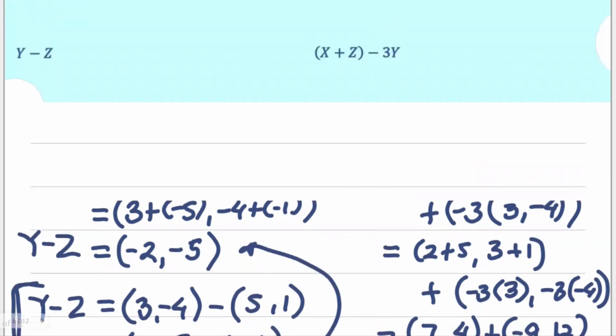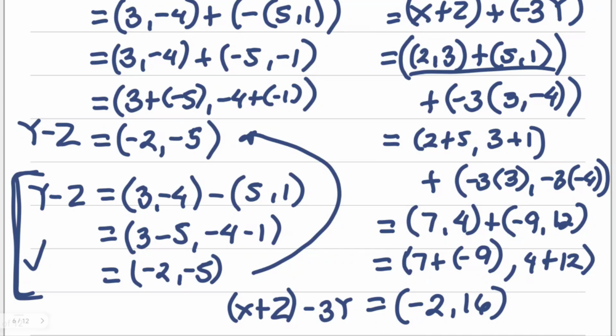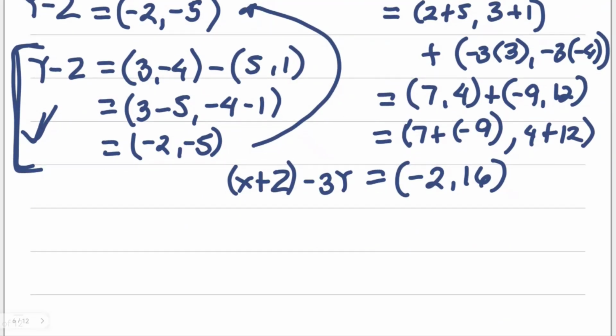This is the result for x plus z minus 3y. Sorry, I said x plus y earlier, my bad. How about trying not making this addition, and just proceeding to the subtraction immediately? Do we get the same result? I would like you to do that on your own.